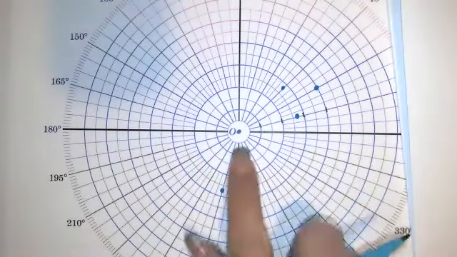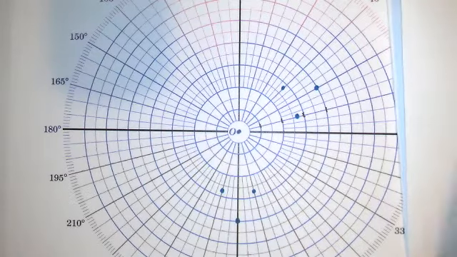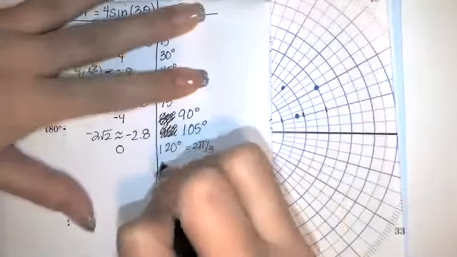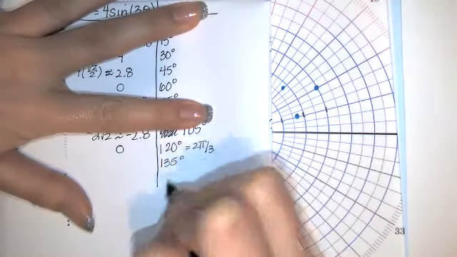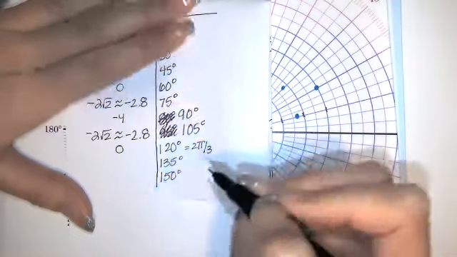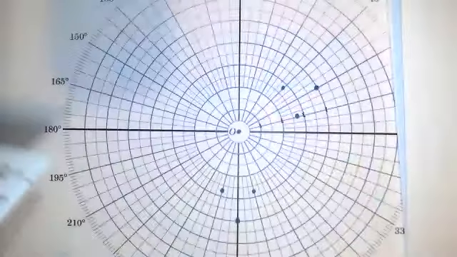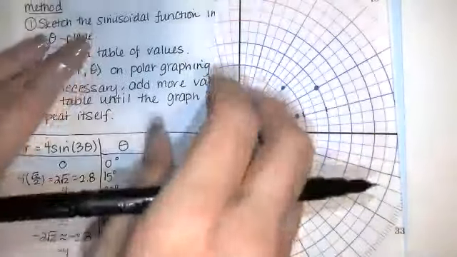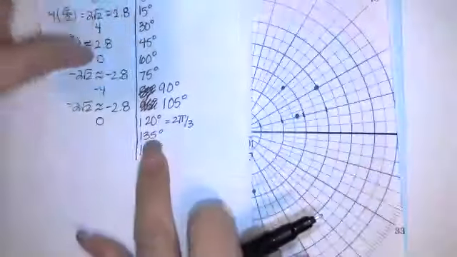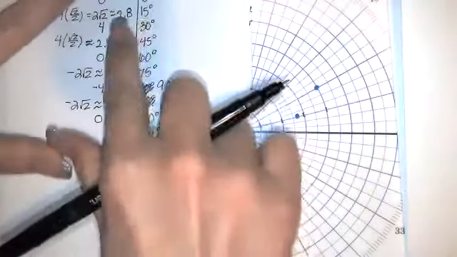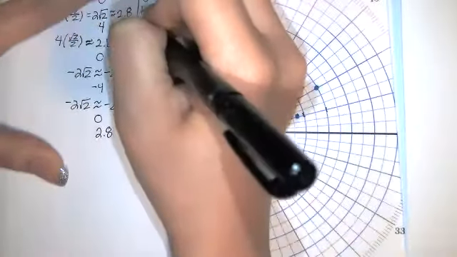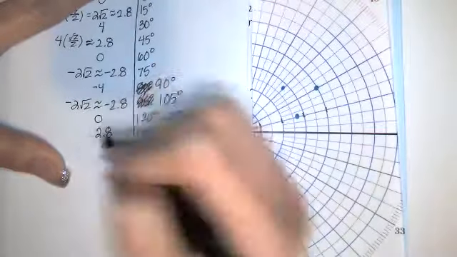Now it didn't start repeating itself, so let's keep going. So I'll add 15 degrees, add 15 degrees, and so on. So at 135, we're going to be at 2.8 again. And at 150, we'll be at 4.